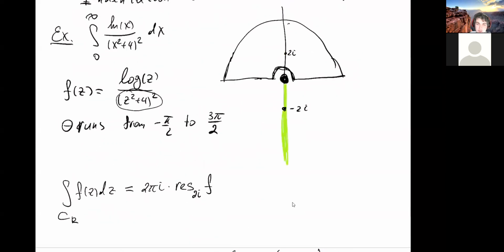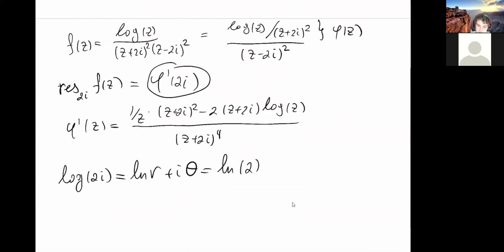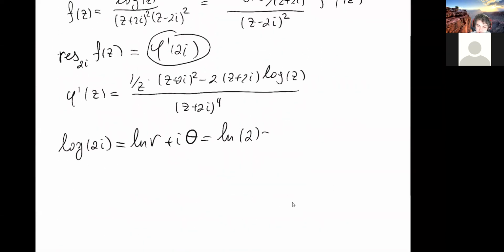So let's look back at the picture, where our theta ranges from minus pi over 2 to 3 pi over 2. And 2i is over here, so its argument is pi over 2. So theoretically, I could have got like 5 pi over 2. But fortunately, I wisely chose the range of theta.